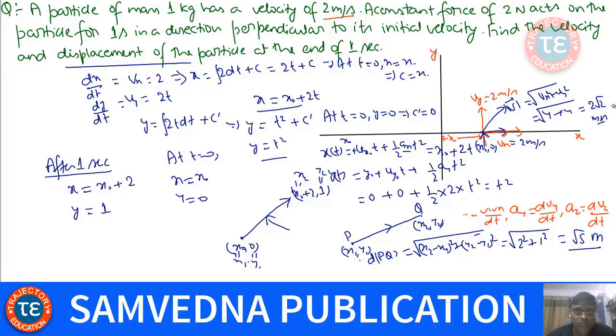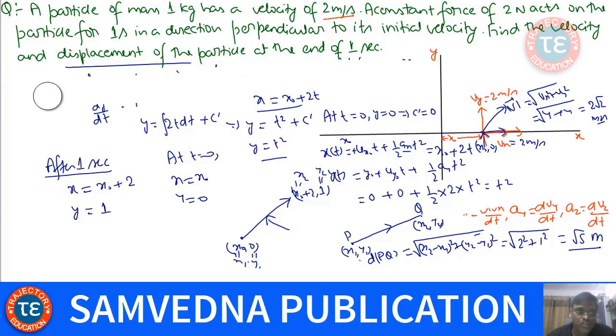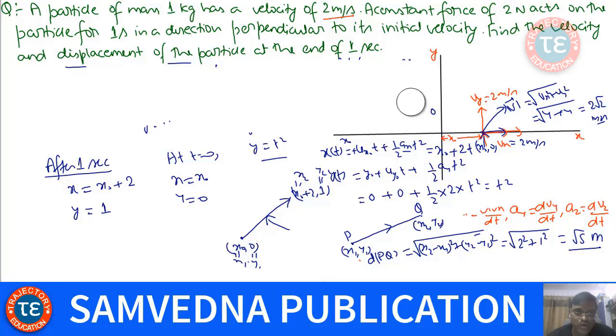Or you can get it the other way also. Suppose the coordinate of the body initially was x1, y1, so you can say the initial position is given by x1 i cap plus y1 j cap.